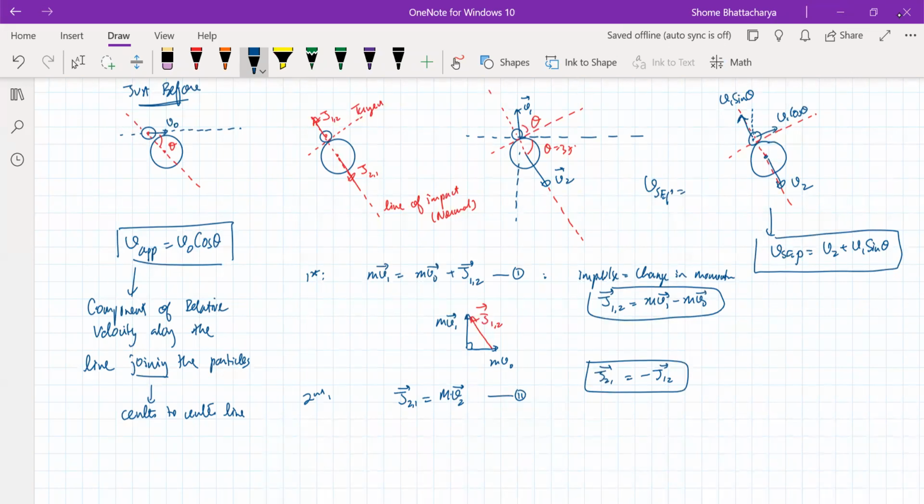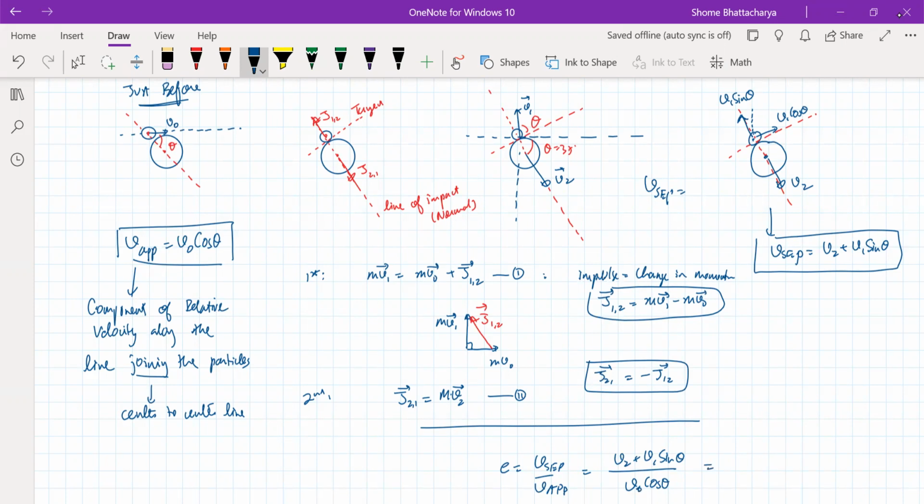Now our coefficient of restitution will become the ratio of this separation velocity to approach velocity. So it is V2 plus V1 sin theta upon V naught cos theta. How much had V2 and V1 come?